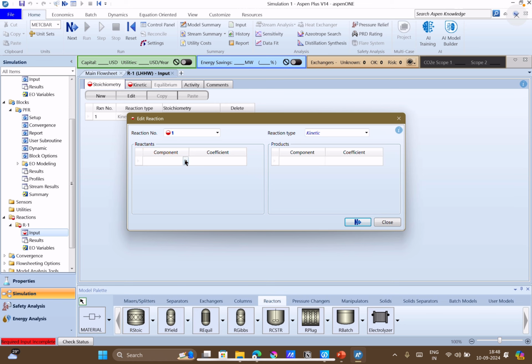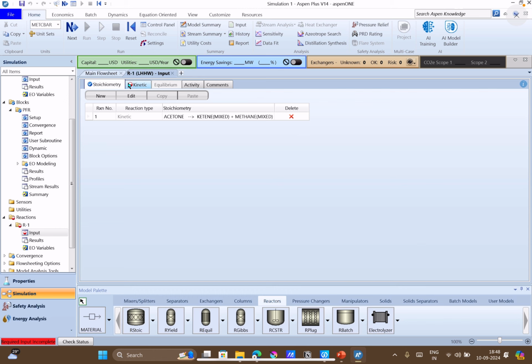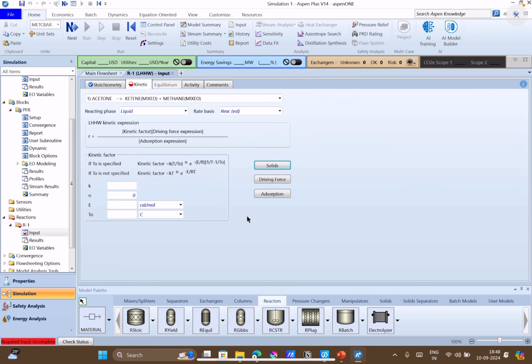The reaction is this: acetone decomposes and produces ketene and methane with coefficients 1, 1 and 1. For the kinetic part, since this is LHHW kinetics, the rate expression is represented by the combination of kinetic factor, driving force expression and adsorption expression.